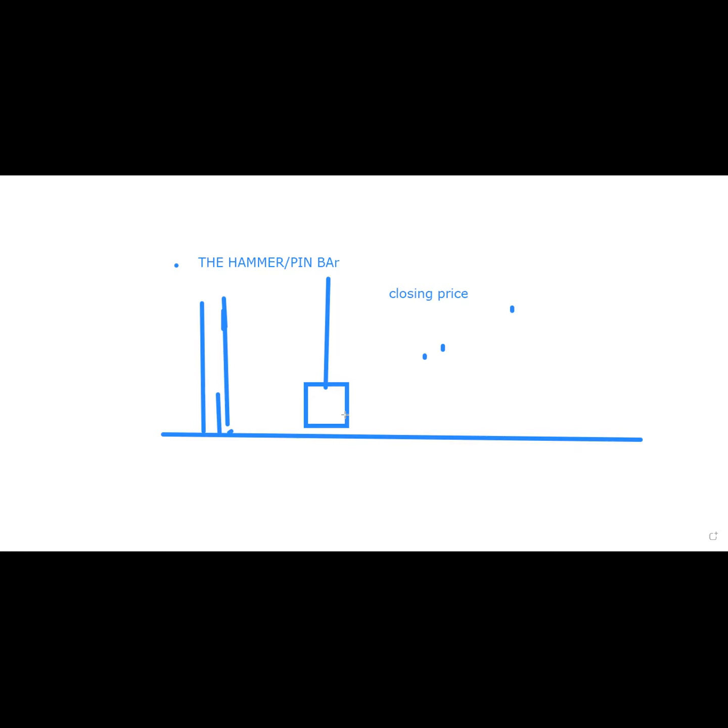If you see this pattern on an existing downtrend, it simply shows you that sellers are still willing to continue to push the prices down.